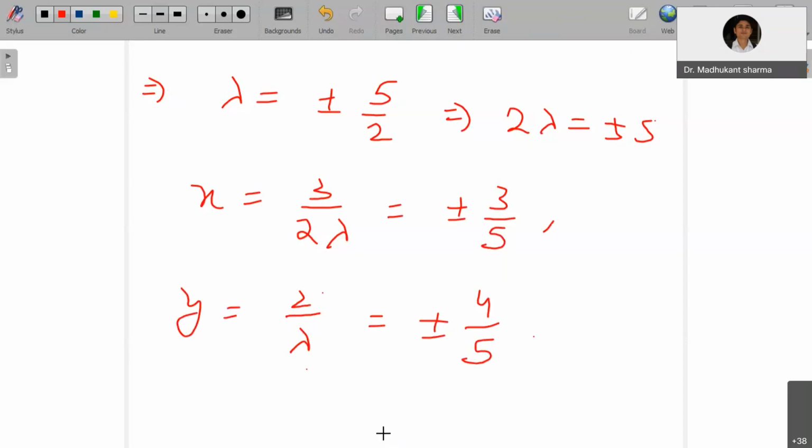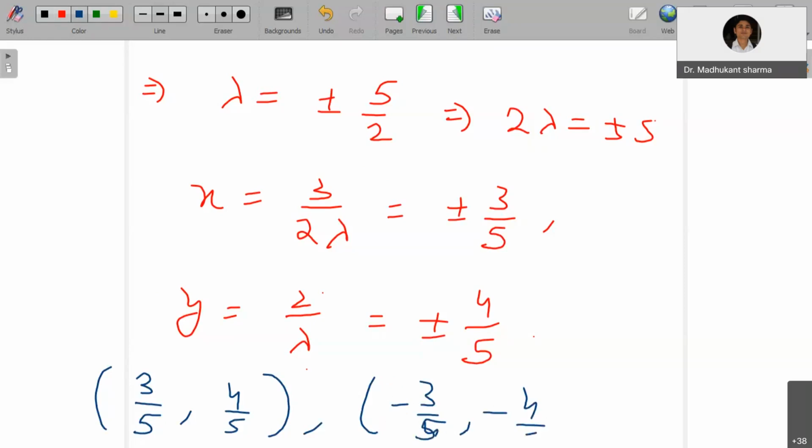For lambda equals 5 by 2, you only have 3 by 5 and 4 by 5. When lambda equals minus 5 by 2, you have minus 3 by 5 comma minus 4 by 5. So these are the 2 points where it touches the circle.